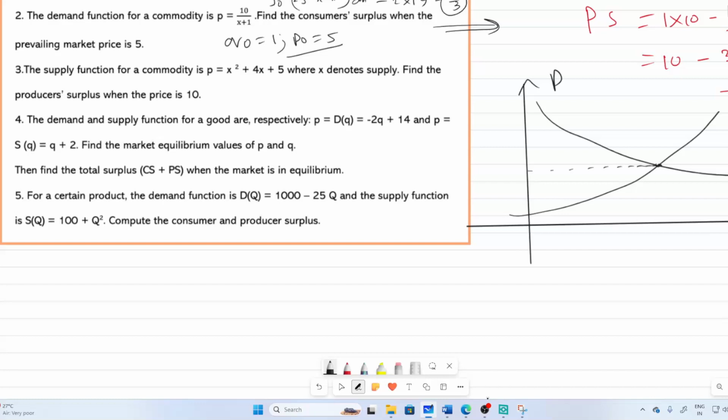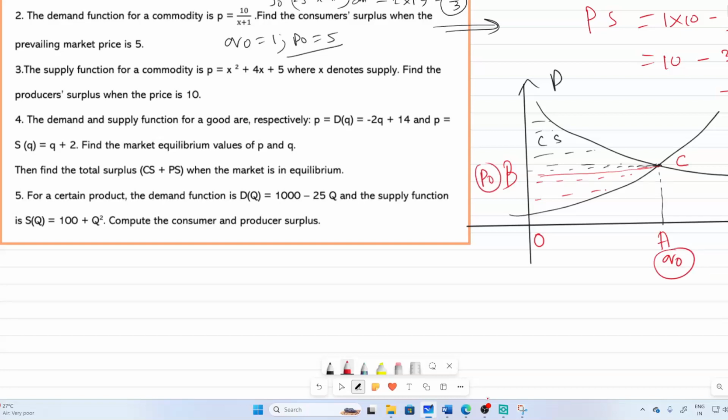On this axis normally we take Q or X, and on this axis we take price. Here it is given the demand function like this, supply function is like this. It may be a straight line, whatever, it doesn't matter. So this part is going to be CS, the consumer surplus, and this part is going to be the PS, this portion. This is the equilibrium price. This part is A, this one B, O, this one we take C. Here it is Q0 or X0, here it is P0. Bas, done.